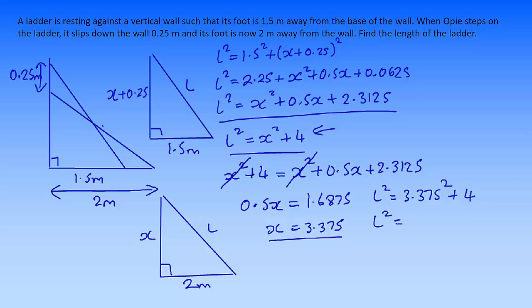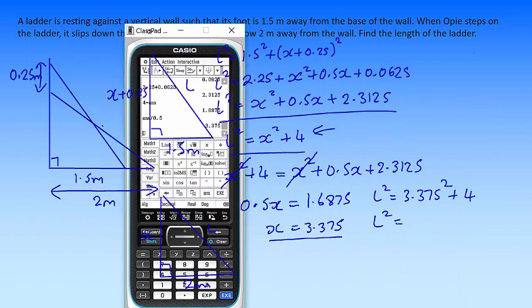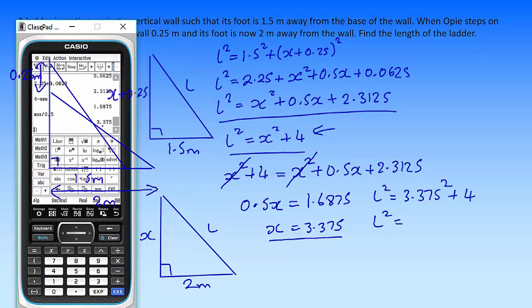So bring the calculator back in. Try and find somewhere we can see it well enough. And we've got 3.375. And we want to square that and add 4.